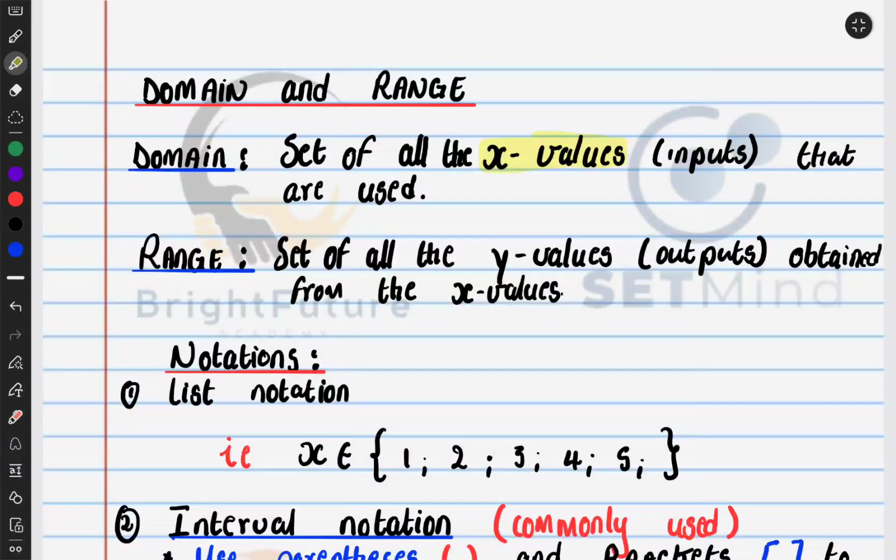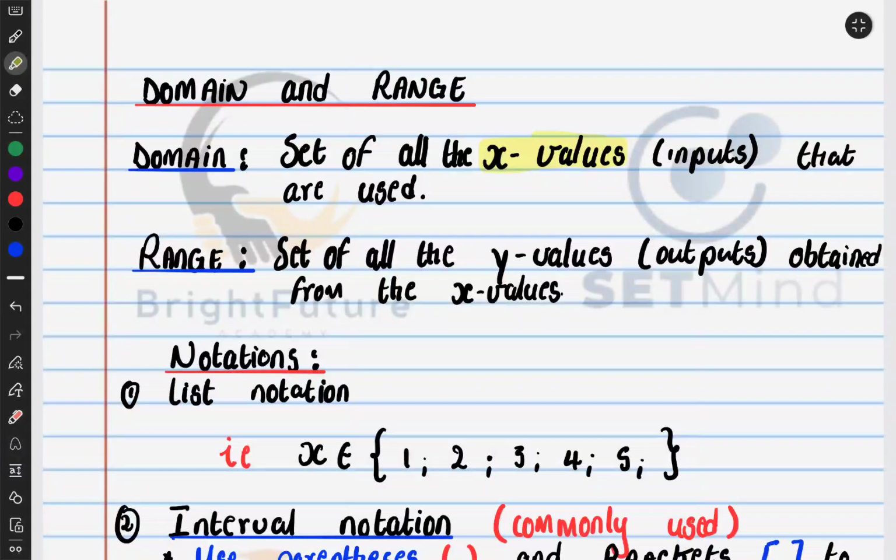Then we have to write that down, so there are some notations that we use to represent a domain and the range. We'll cover them shortly, but domain simply deals with the x values of the function. Okay, and then we have the range.